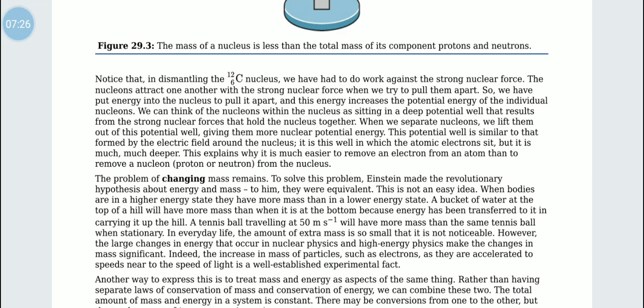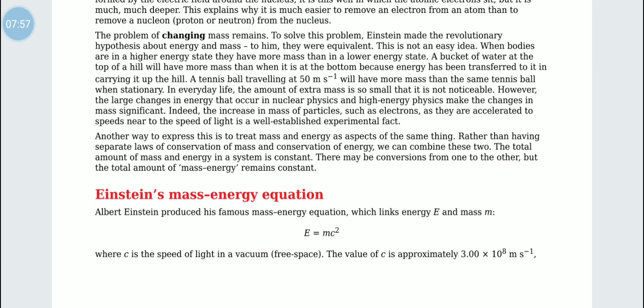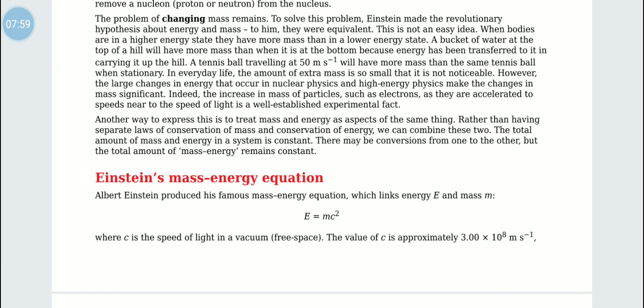As a result, this change in mass becomes quite significant in relation to these microscopic particles. When you take electrons, they can be accelerated to speeds closer to the speed of light. We can clearly see how they affect it.